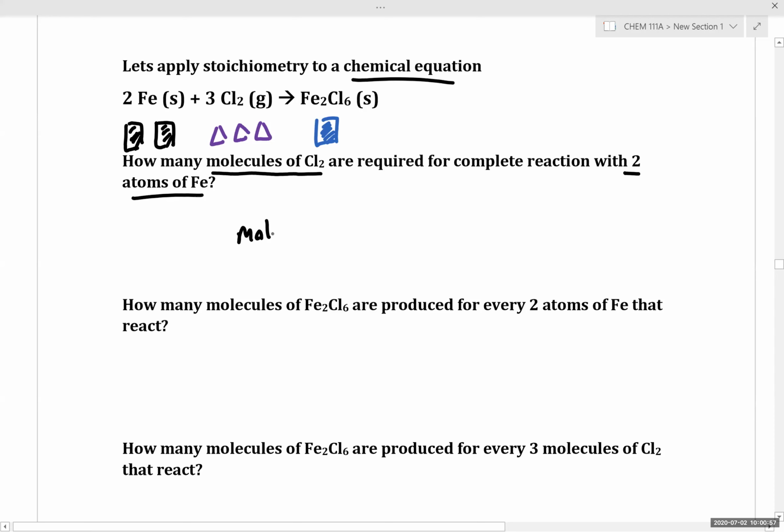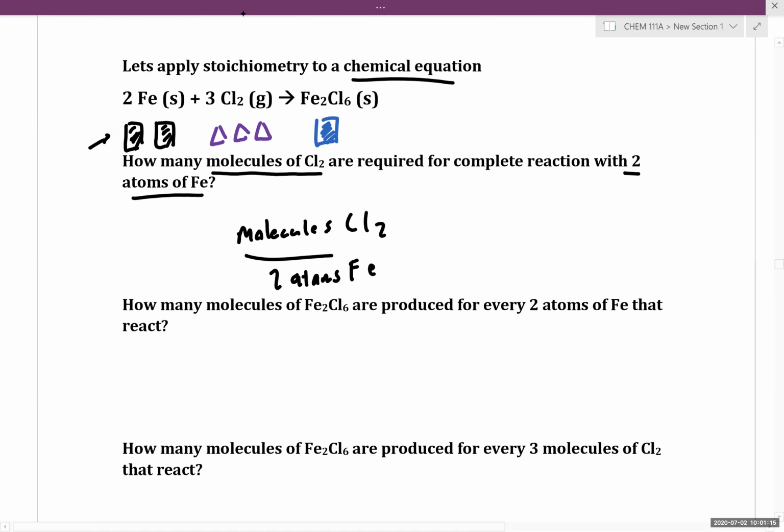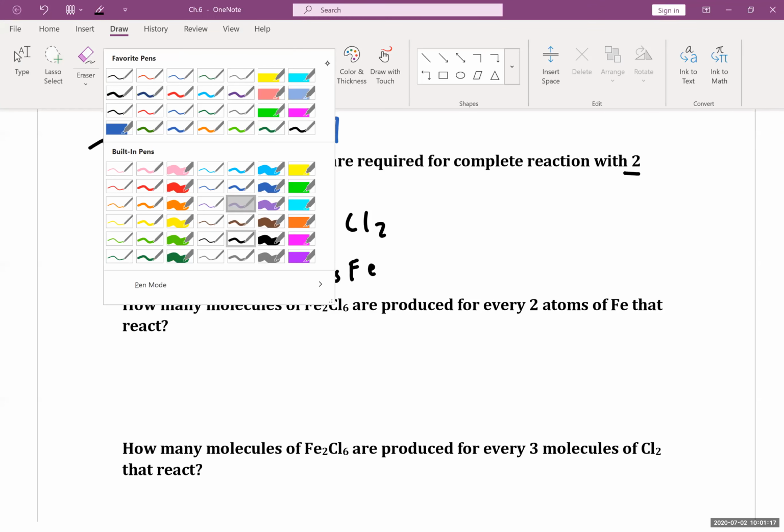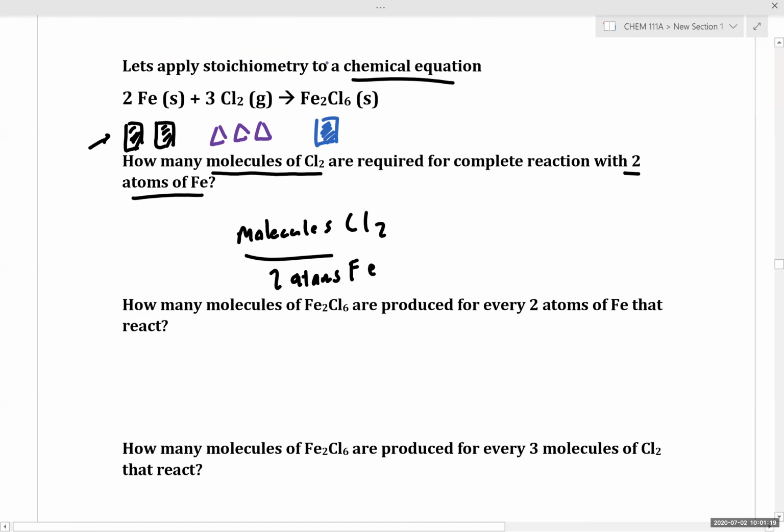So how many molecules of chlorine do we need to react with 2 atoms of iron? Looking at our equation, we see we need 3 molecules of chlorine per every 2 atoms of iron.